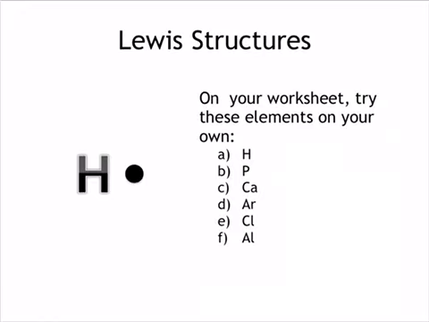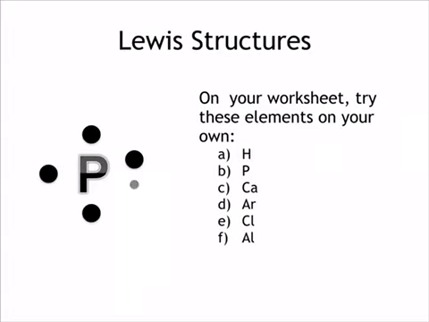Its Lewis structure shows the 1 electron on the right. Phosphorus, you look that up on your periodic table, and you'll see that it has 5 valence electrons. 1, 2, 3, 4, 5.